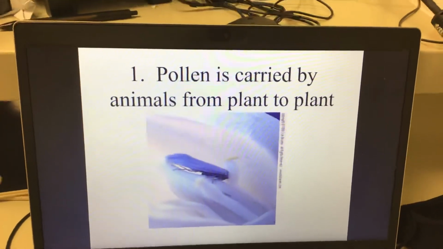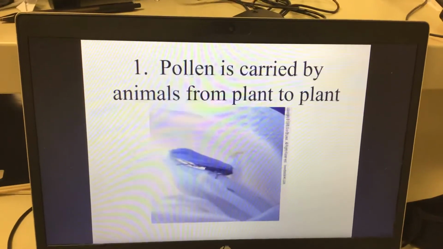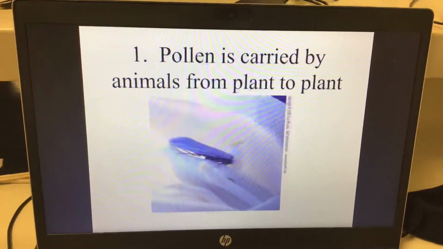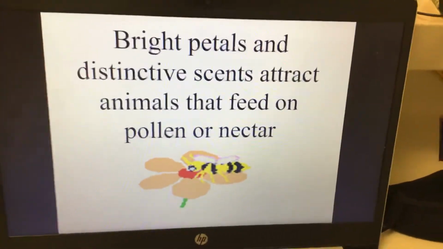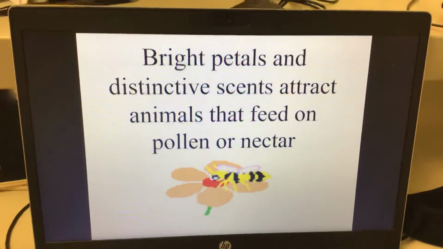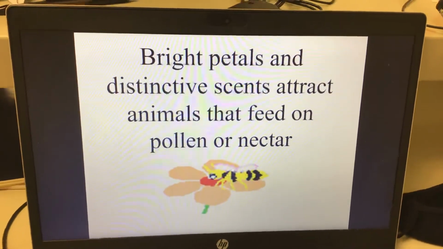Most of the time, insects. I would write this down: bright petals and distinctive scents attract animals that feed on pollen or nectar.